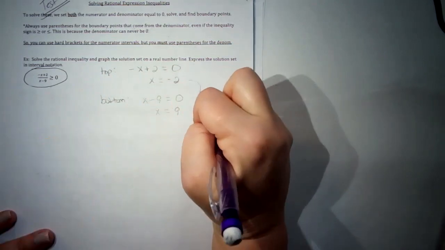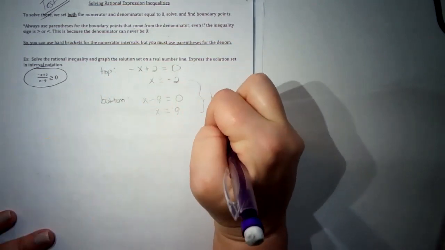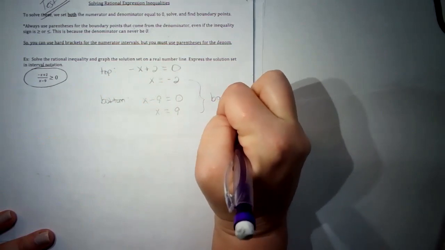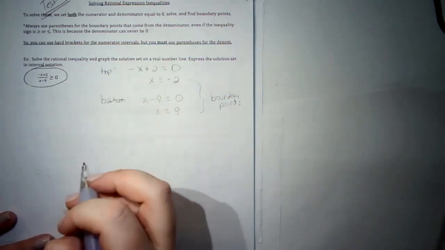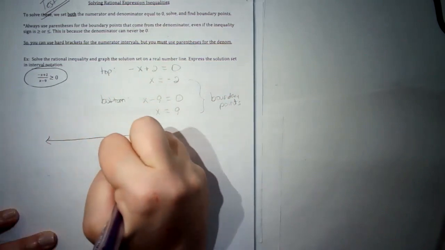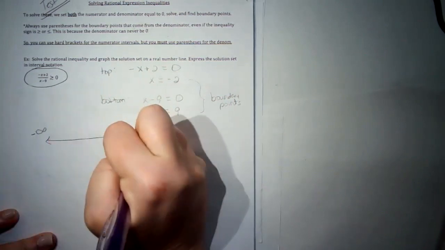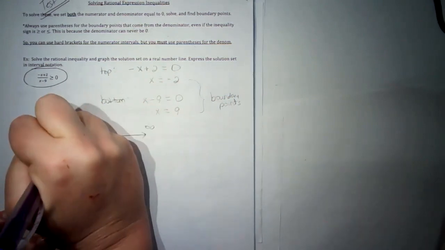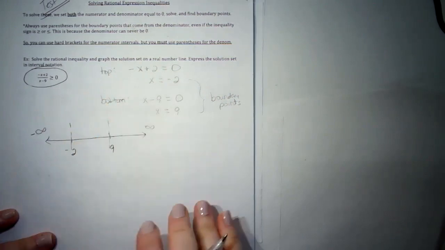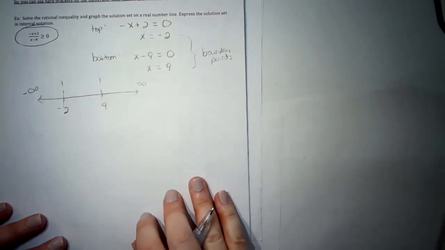These are both my boundary points. But there's going to be a difference here when we create our intervals. So I'm going to put in -2 and I'm going to put in 9. There we go. Now let's talk about our intervals.